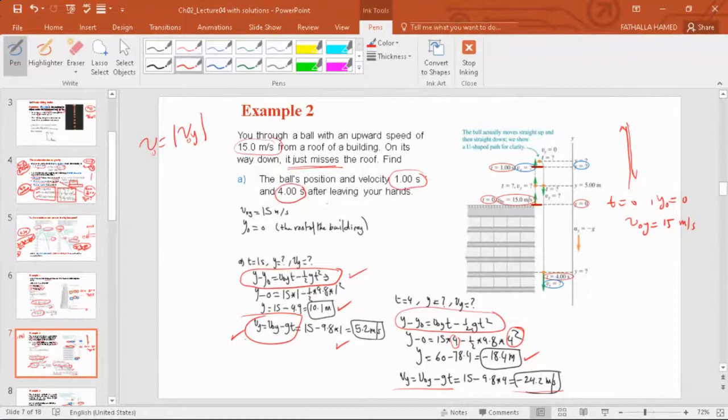So it took care of the whole trip for me. After 1 second, I'm still going up. After 4 seconds, I'm coming down. Now you can tell me that yes, you are below the roof, you're above the roof, but these equations will take care of the whole trip for you. Is this point clear?